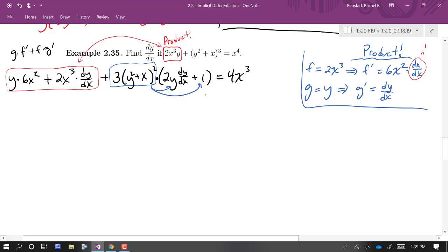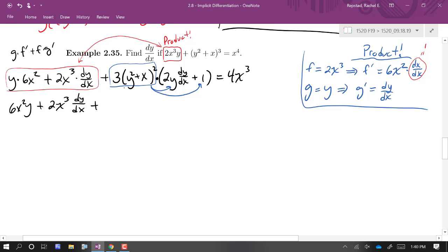I'm still just taking whatever's in that box and zapping it. I'm going to multiply here, multiply there. And multiplying something by 1 is pretty easy. And multiplying two things together is not going to be so bad. So let's do that. We have 6x squared y plus 2x cubed dy dx.